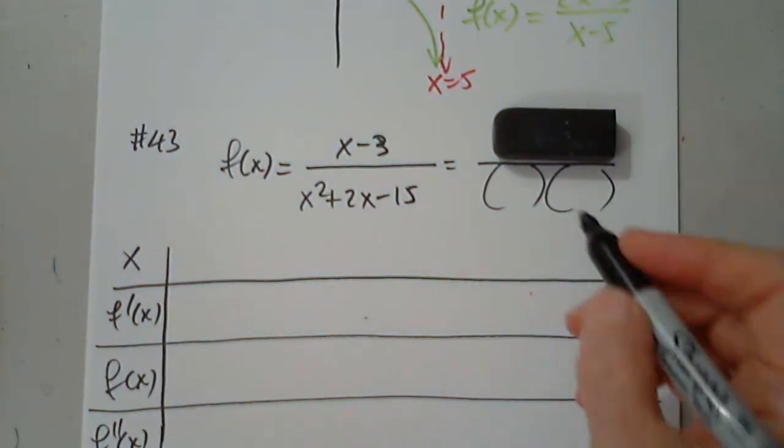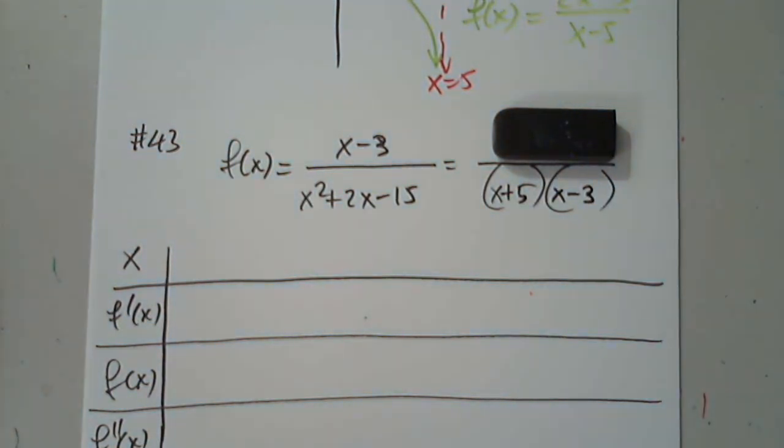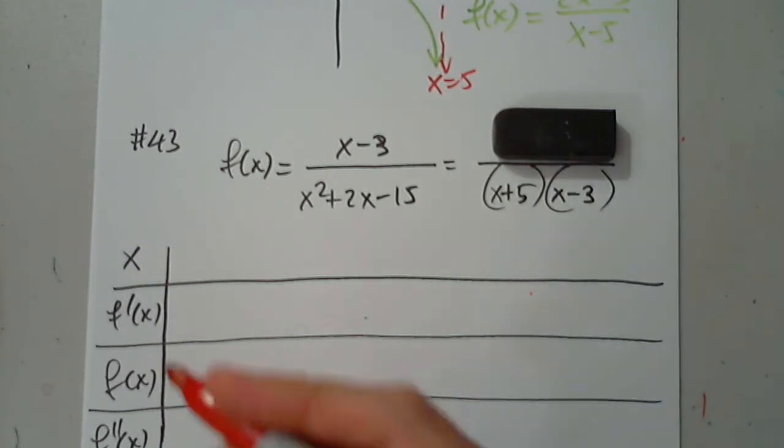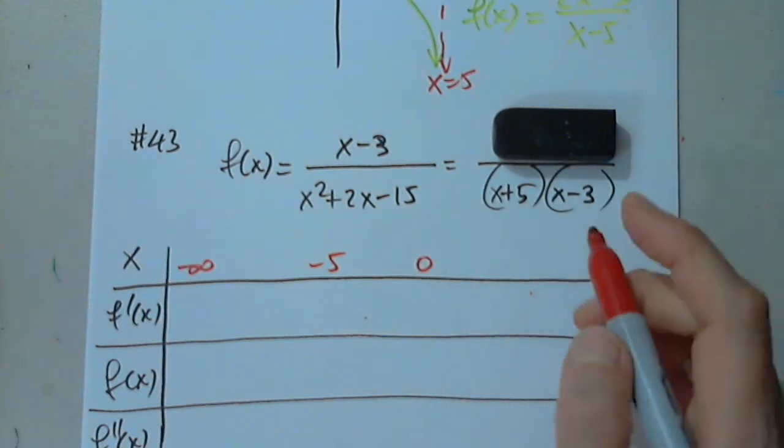X plus 5, x minus 2, or 3. Good. So can anyone tell us the domain? In plain English, everything but negative 5 and 3. Very good. Awesome. Remember, 0 has to be in the table no matter what.